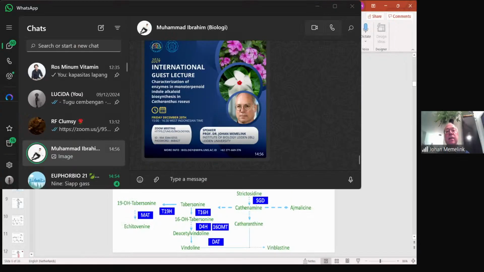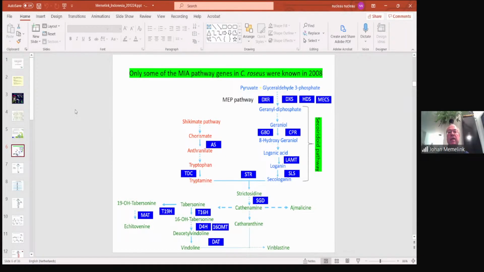Okay, so at the start of the Smart Cell project in 2008, only a limited number of genes encoding enzymes in this pathway were known, and they are indicated here in the blue blocks.